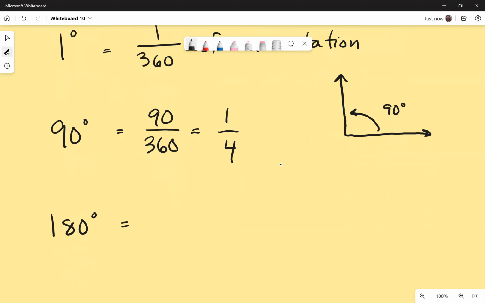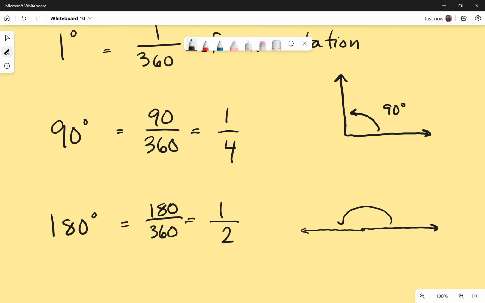180 degrees, again, that would be 180 out of the 360, if you simplify that fraction to be 1/2. So again, if we have our initial side here, halfway around would end up coming straight across in that direction to there would be 180 degrees.